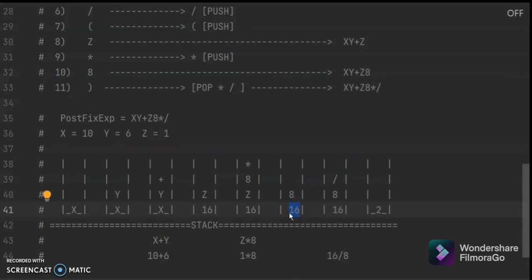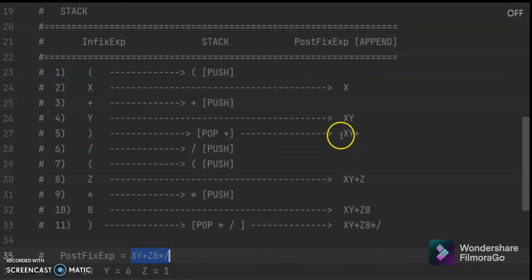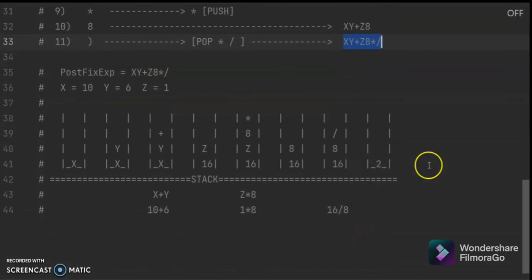Now the last one is division. So 16 divided by 8, you will get the result 2. So this is how we evaluate the postfix expression. First the infix is converted to postfix, and then the postfix is evaluated, again using the stack.